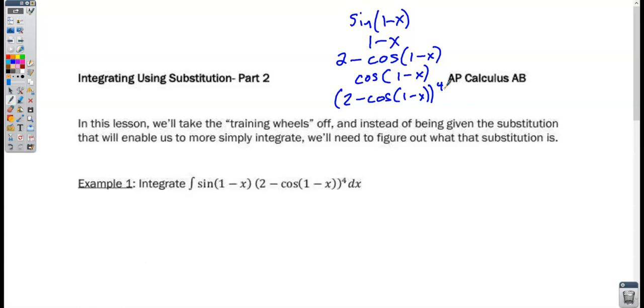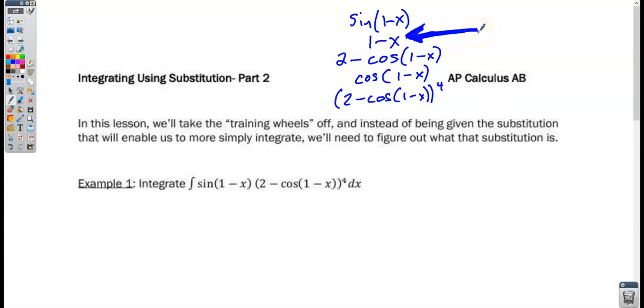On the other end of the spectrum, if we choose too little, like in this case, substituting the quantity 1 minus x, that will work, but I want to get a little bit more of a bite into this now. If I substituted the quantity 1 minus x, that would totally work. But I would simplify this and I would still be in a position where I needed to make another substitution after making that one.